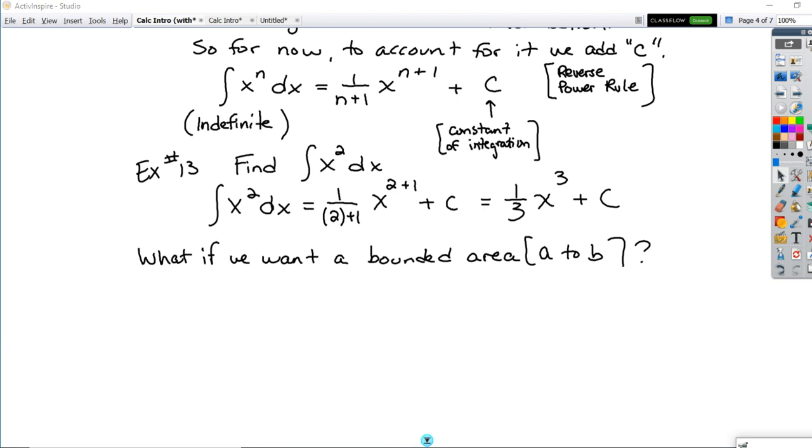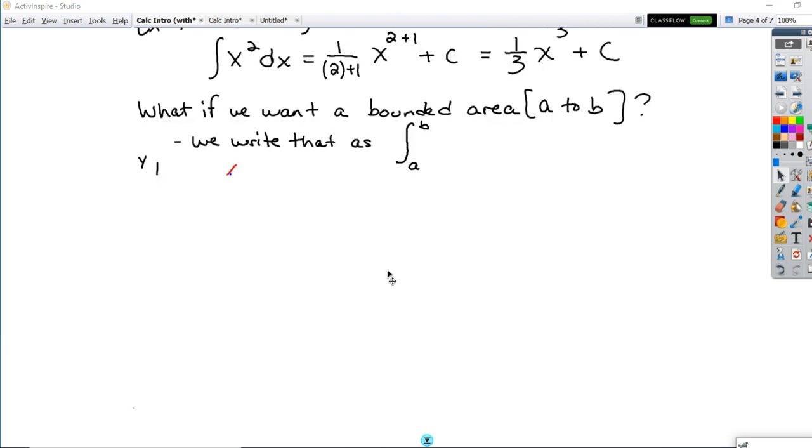I want to go from a to b. Well, notation wise, on the integral sign, you place the bounds on the right side. The lower bound, or the left bound, is on the bottom, and the right bound is on top.